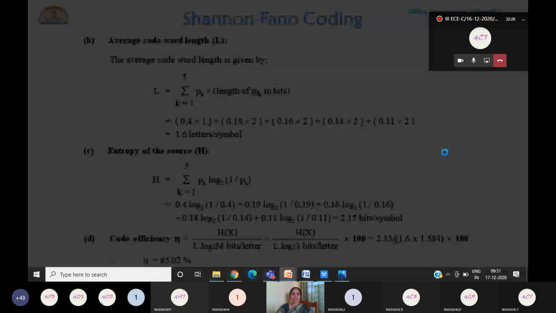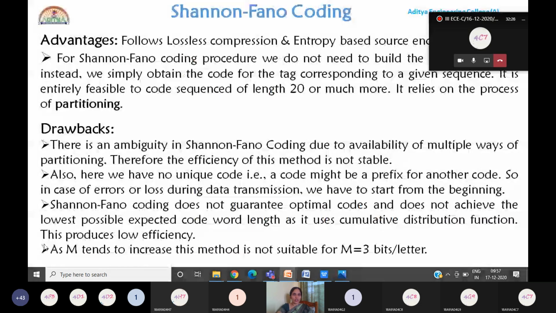That's why, in the drawbacks, I mentioned that as m tends to increase, this method is not suitable for m equal to 3 bits per letter. Why is it not suitable? Because as m increases, the efficiency of the coding technique will reduce. I already told you these drawbacks in the last class.